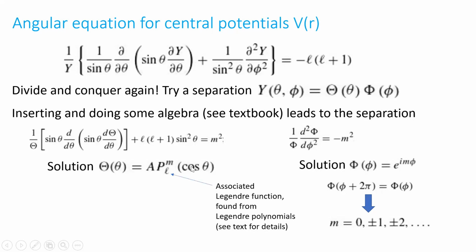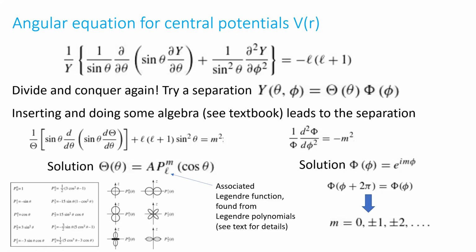This is called the associated Legendre function, this P_l^m, and it's found from the Legendre polynomials, which are defined by a certain particular equation. You can see the text for details. And we write it as a function of cosine theta, because this is supposed to be a function of theta, but it's most easily expressed, this polynomial, as a function of cosine theta.